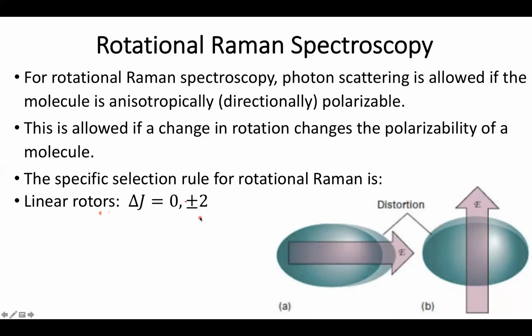So both of these cases will actually be allowed for rotational Raman, because for a rotational spectra, I am occupying multiple different J states, which means that my J state can go up or down.